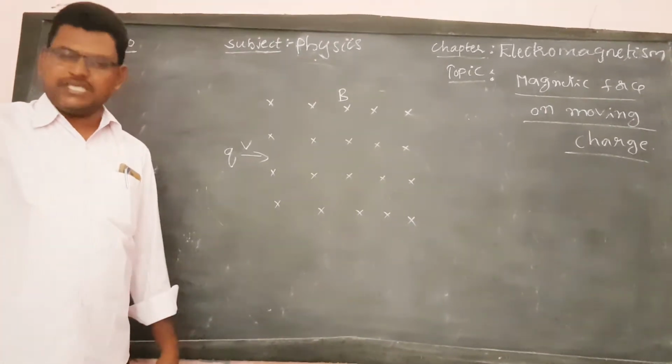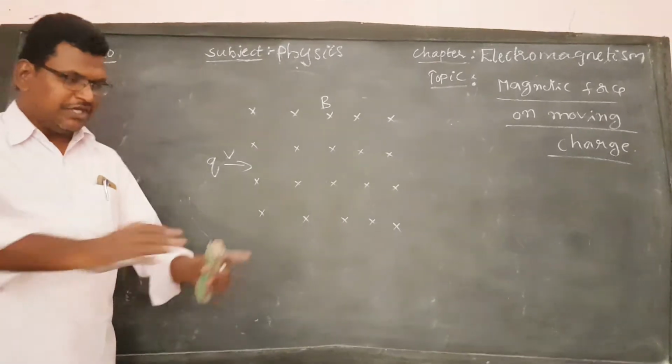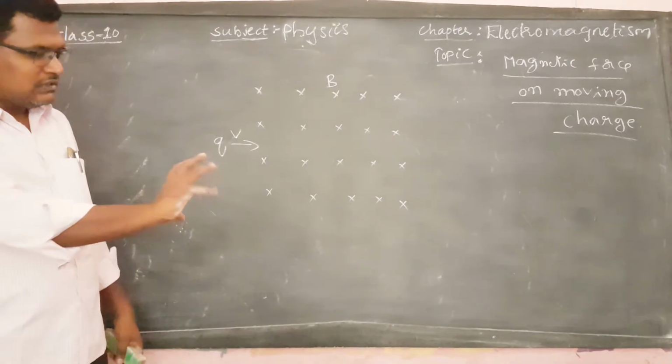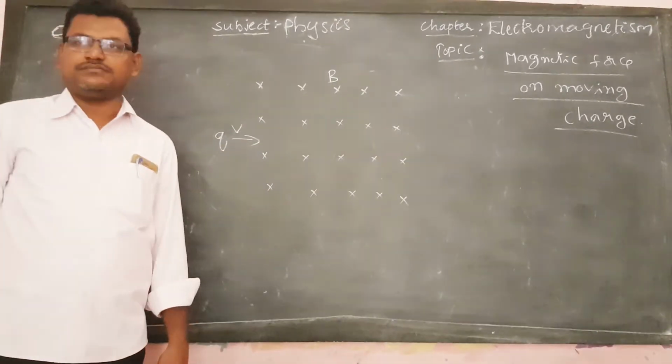Suppose we take a bar magnet near the screen of a TV, we can observe the distortion of the screen.